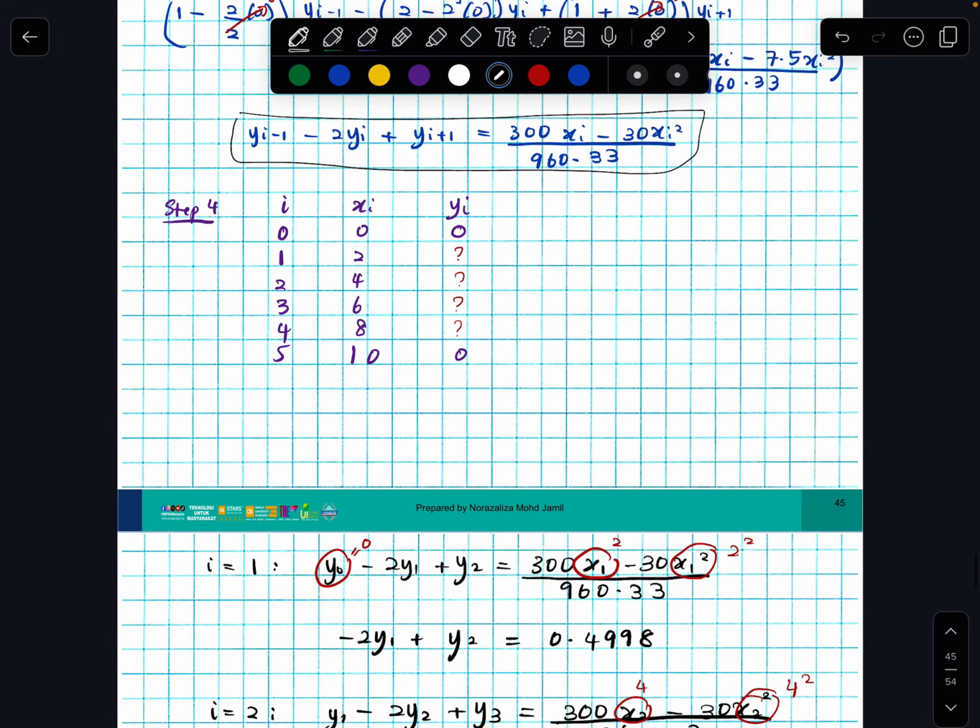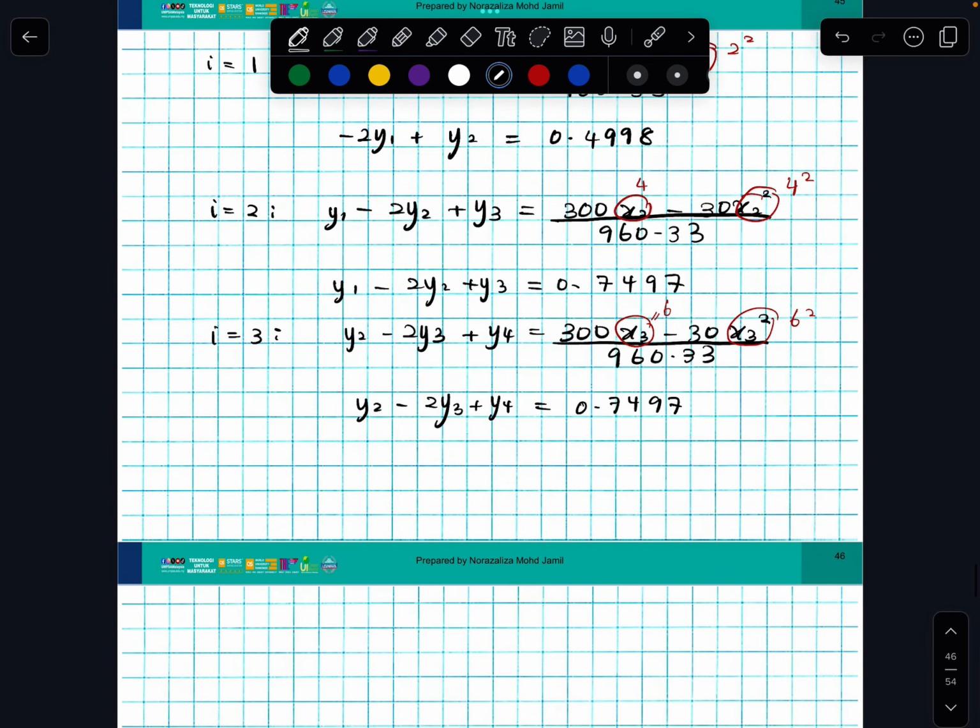Lastly, you have to do for i equal to 4 as well. So now you will have 4 by 4 matrix. Like another example, we had 3 by 3 matrix, but for this case, based on the sequence and the discretization, we will have 4 by 4 matrix.